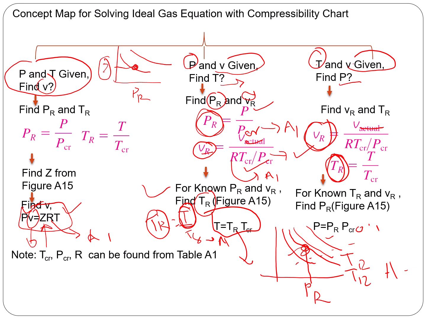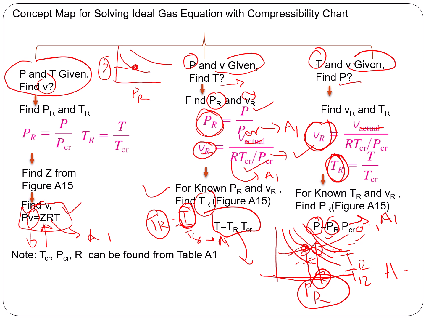So if you think about this again, these are reduced temperature and these are reduced volume. So depending on that, you can find the intersection point, and corresponding to that, you can find the x-axis, which is reduced pressure. So once you know the reduced pressure, critical pressure can be found from A1, appendix 1. So the only unknown is P. That's what we are interested in.